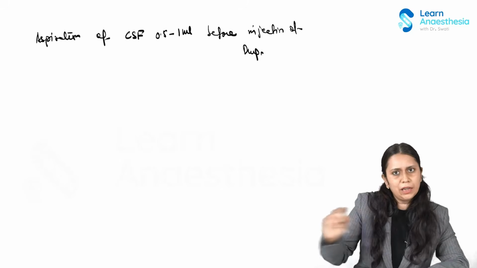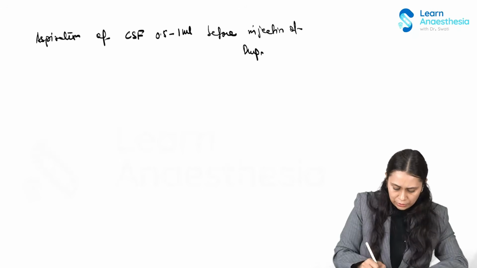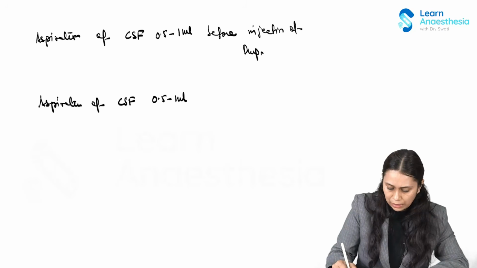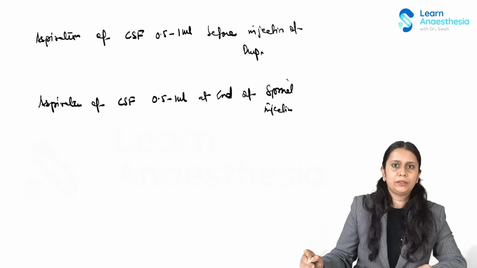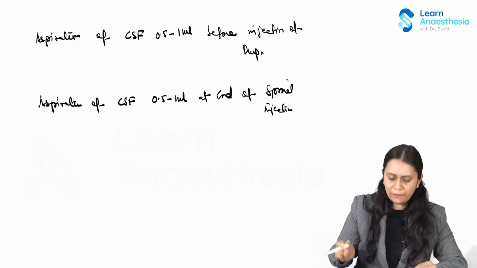This would say we are in the subarachnoid space. We always fix and then we aspirate, right? Then aspirate 0.5 to 1 ml of CSF at the end of the spinal injection. So at the end of the procedure also, you check very gently and re-inject what you have aspirated.